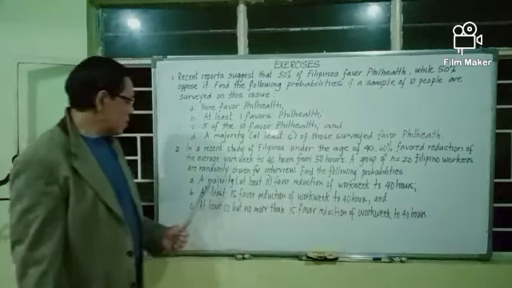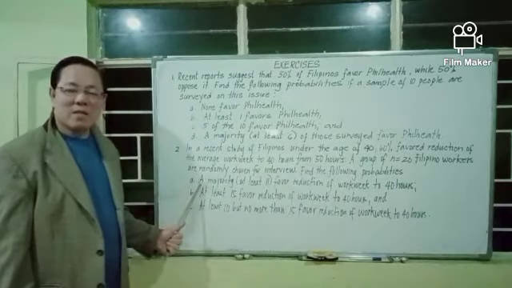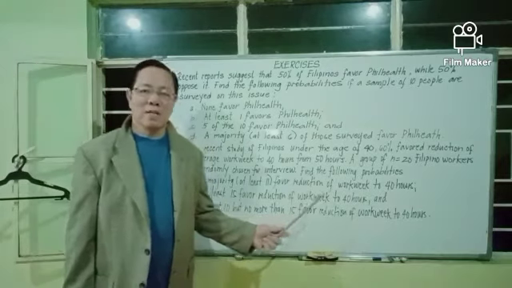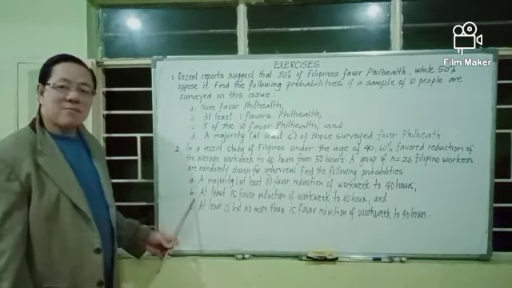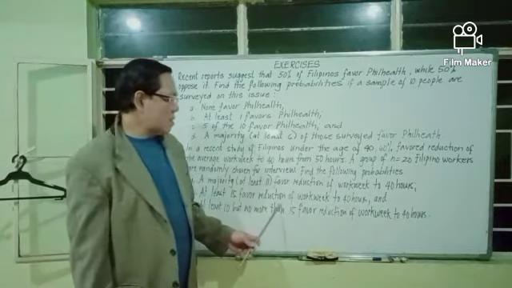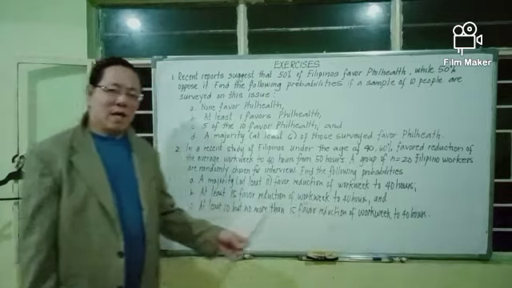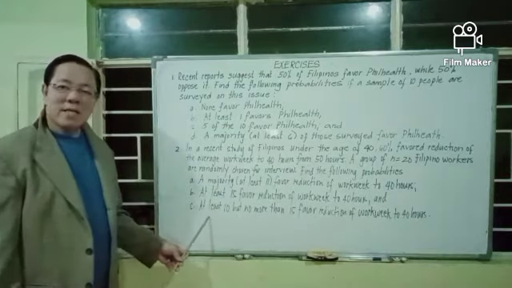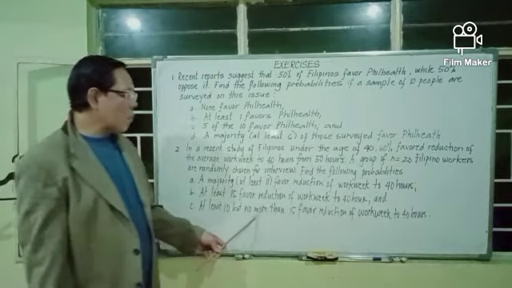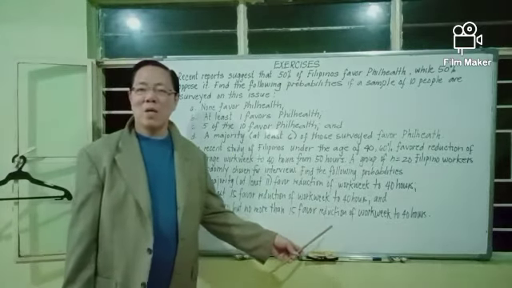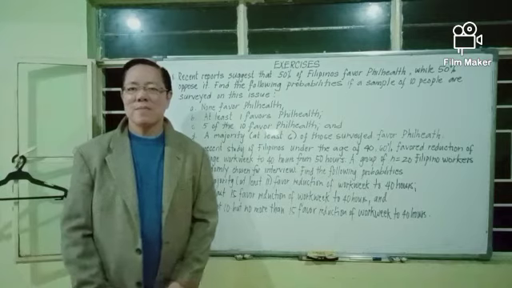And we want in letter A the probability that a majority favor reduction of work week to 40 hours. Letter B, at least 15 favor reduction of work week to 40 hours. And letter C, at least 10 but no more than 15 favor reduction of work week to 40 hours.